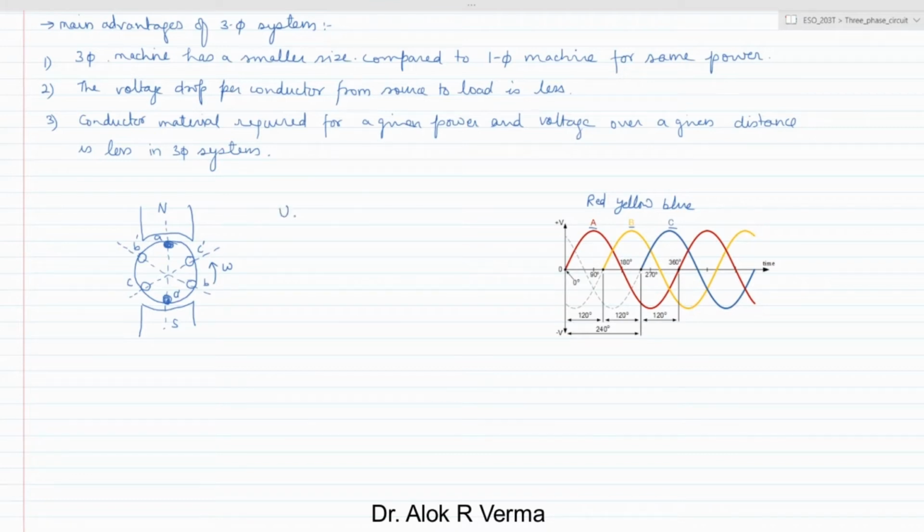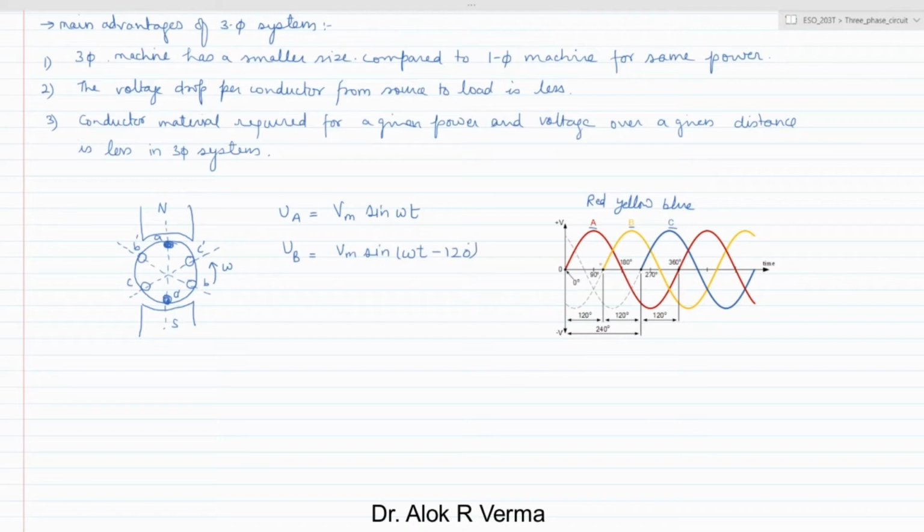So VAA prime or VA, in this figure you can see it is given as VM sin omega t, and VB is given as VM sin omega t minus 120 degree.